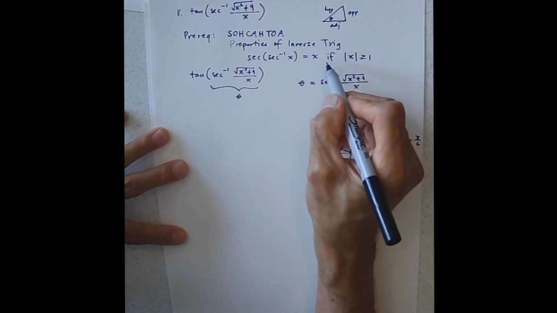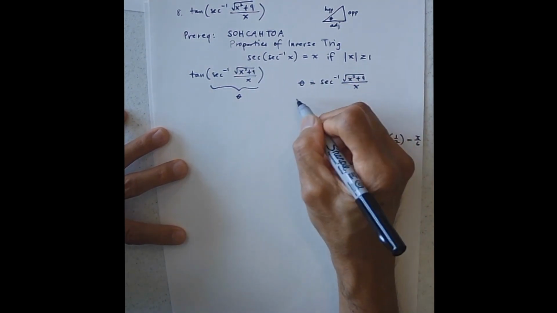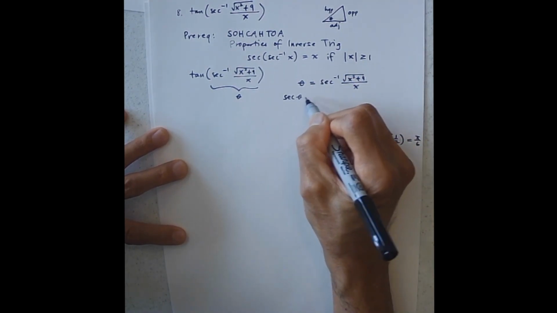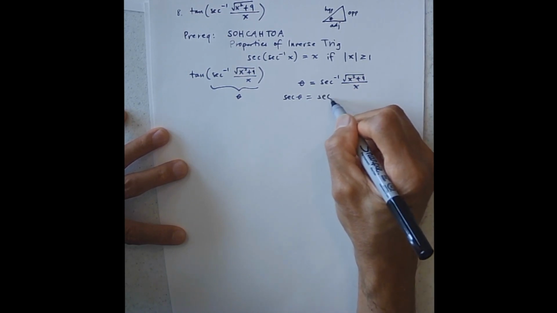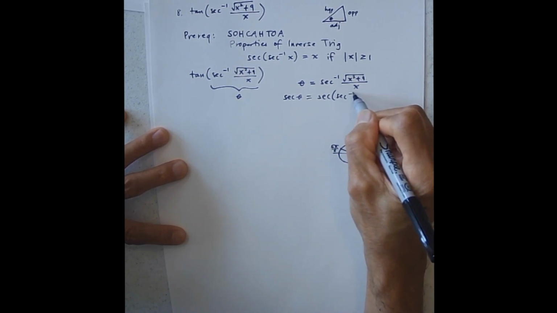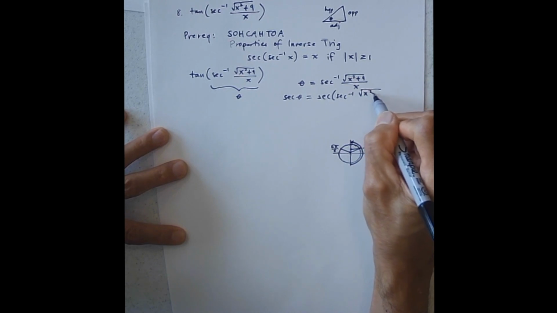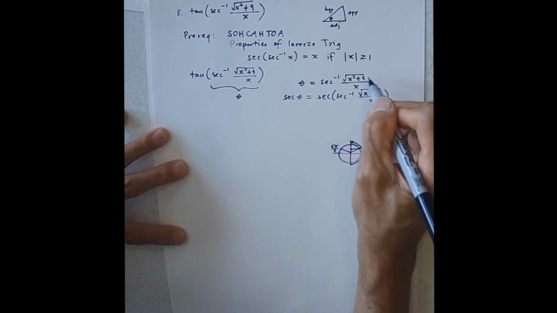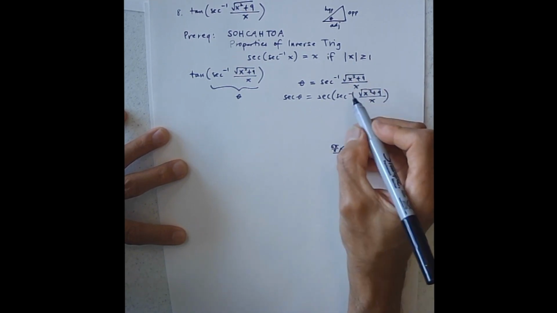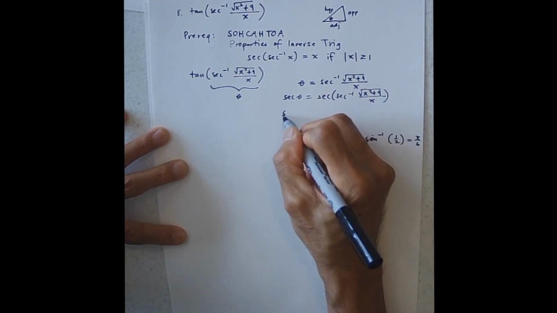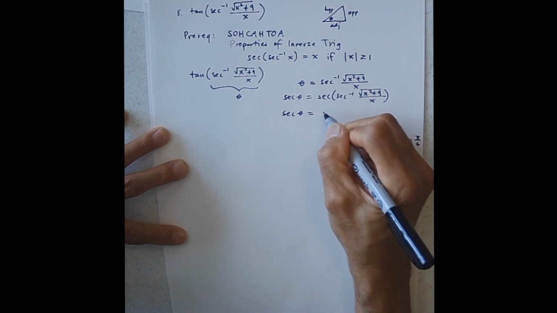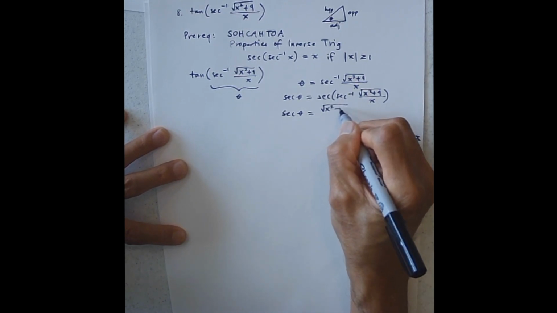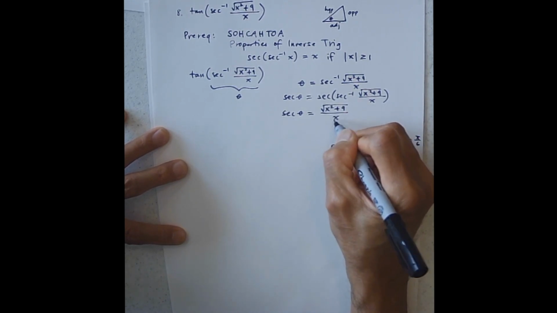So, using now this property here, if I get the secant of both sides, assuming that this expression here is greater than or equal to 1, then that simply becomes secant of theta is the square root of x squared plus 9 over x.